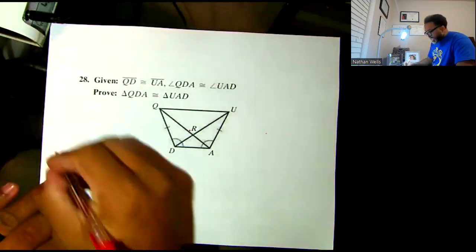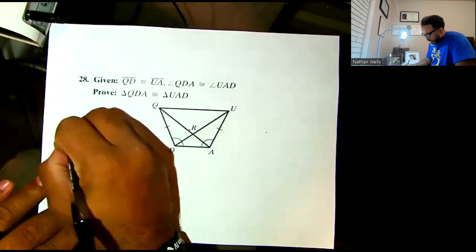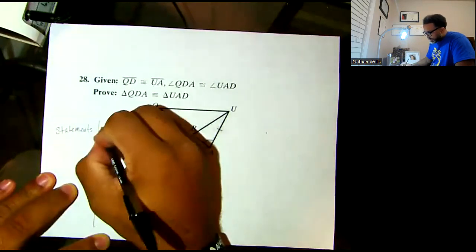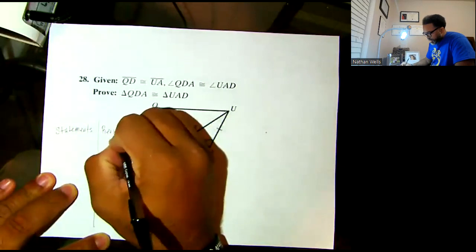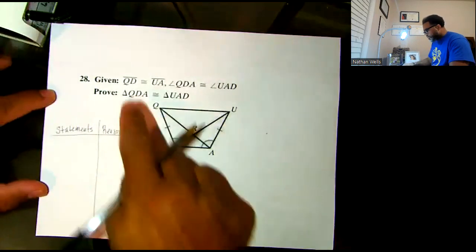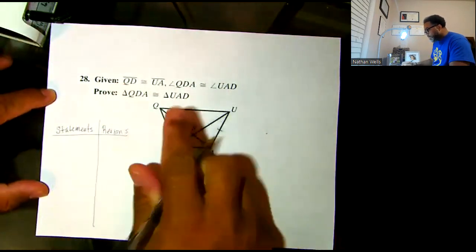Again, we always have in our two-column proofs statements and reasons. I'm going to make sure that all of my givens are written first and that everything is marked.